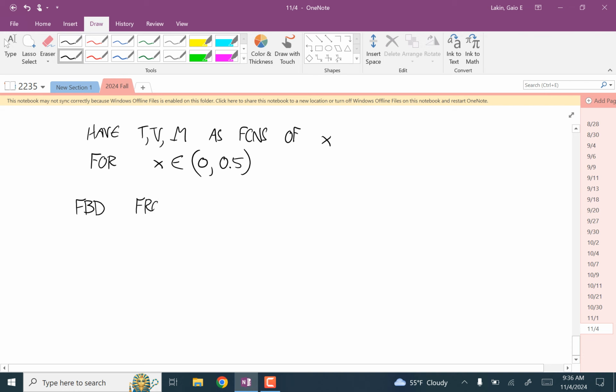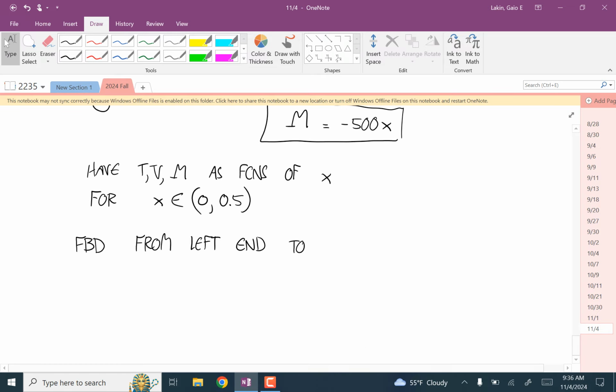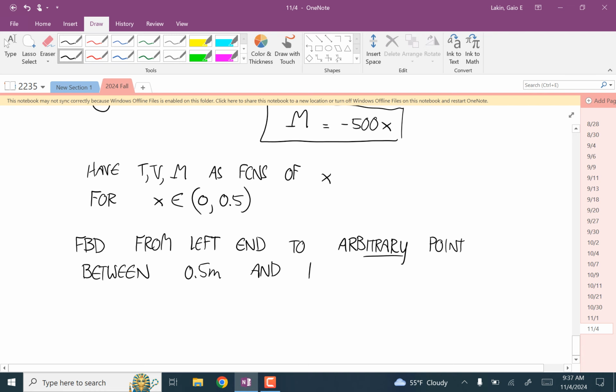It's still going to go all the way from the left end. We're always going to include the entire left end to whatever x point we're considering. So from the left end to, again, an arbitrary point between 0.5 meters and 1 meter.